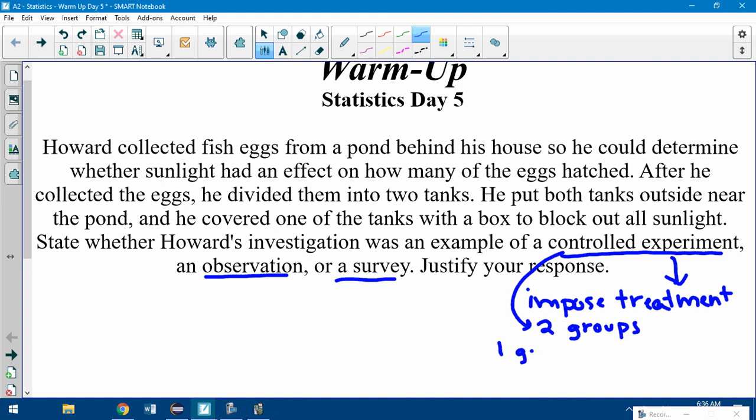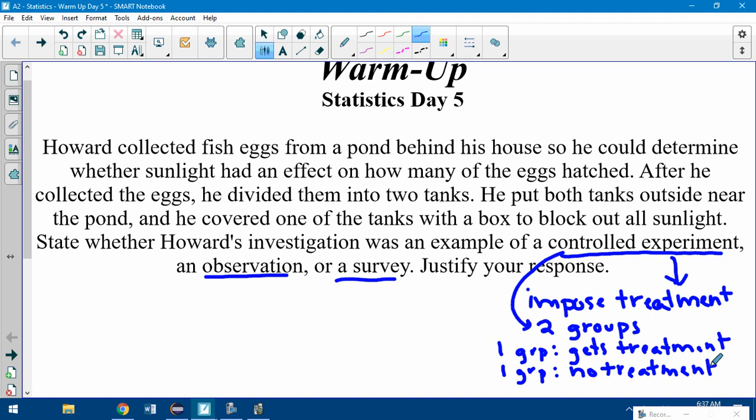One group gets the treatment, and one group gets no treatment. And the hope is that by splitting them into two groups and giving one group a treatment and one group not a treatment, you'll be able to see if that treatment had an effect on the thing you're looking at.